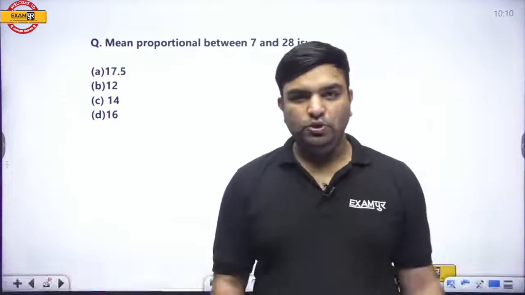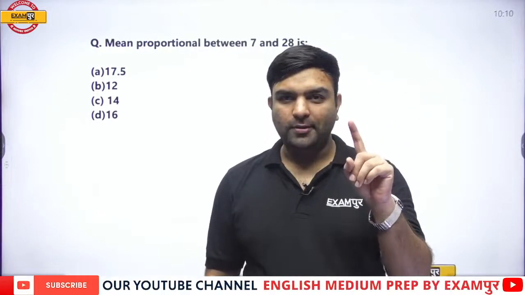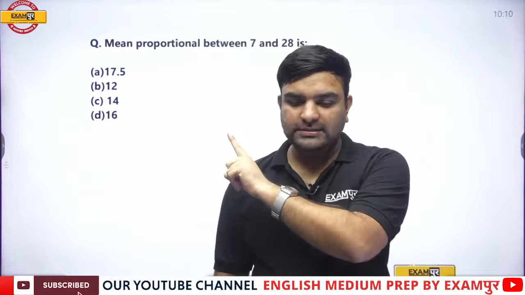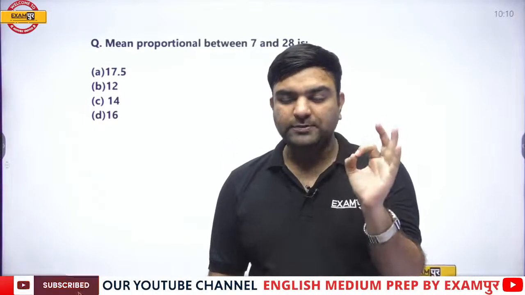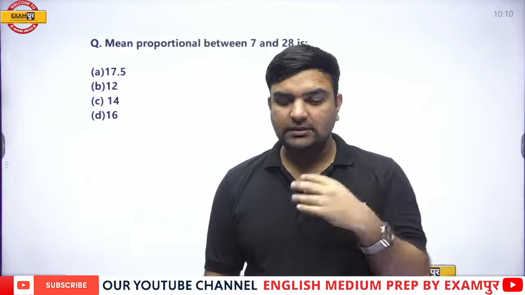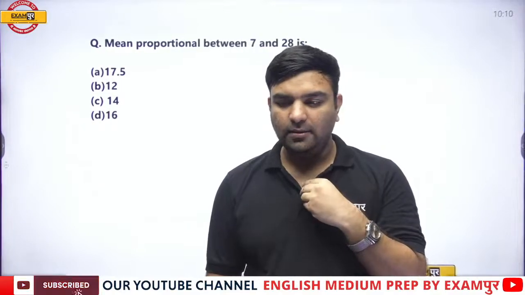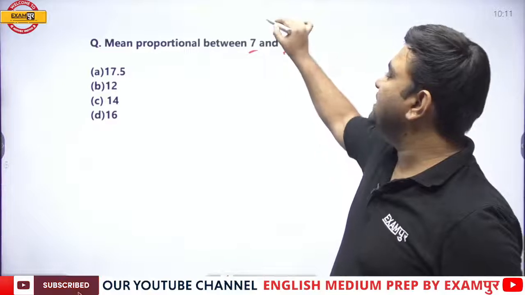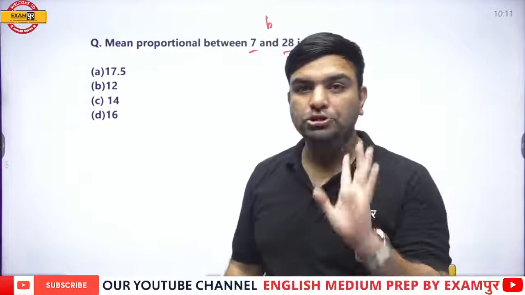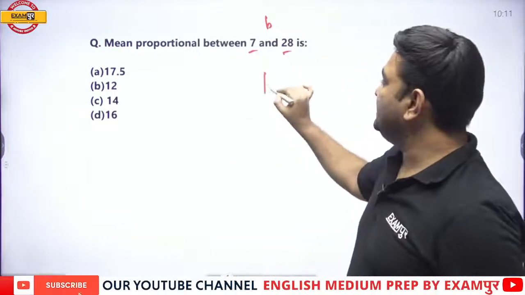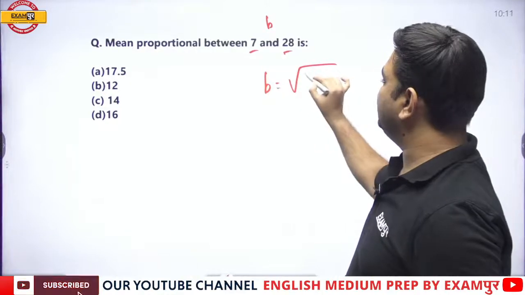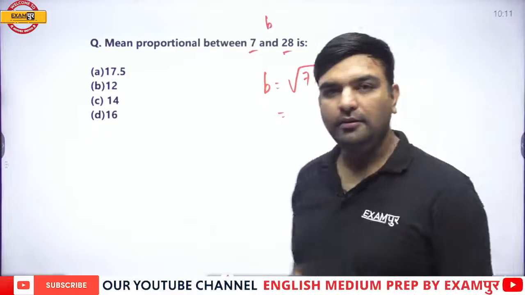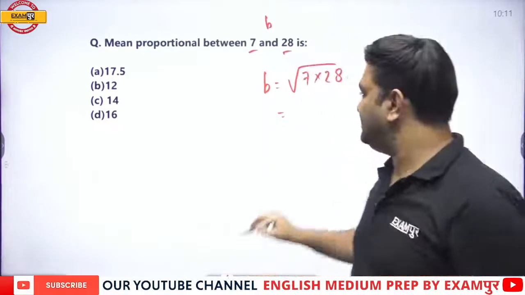Mean proportion of 7 and 28. Mean proportion is B, so these are A and C. This is your A, this is your C, and B is being asked. So B is equal to under root AC.